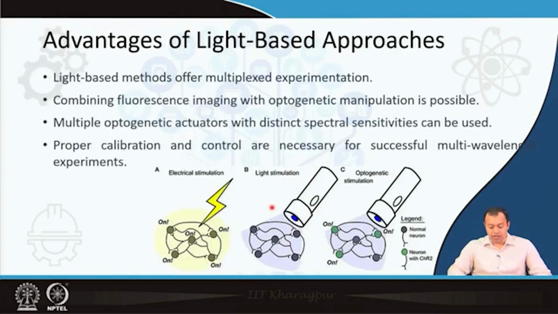of the organism. So, obviously again just to repeat from the previous lecture, what are the advantages of a light based approach? We can offer multiplexed experimentation, meaning you can have a plethora of different wavelengths of light being passed through the same optical fiber, a multi-mode fiber, which have different wavelengths, and you can trigger different sections of the brain.